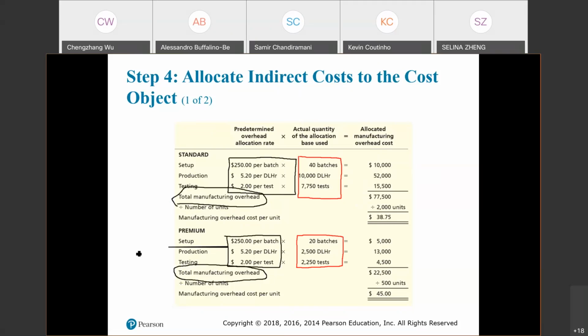We simply divide the total manufacturing overhead by the number of units. Finally, we can get the total manufacturing cost per unit. So from this more refined method, we get $38.75 for standard model and $45 for premium model.